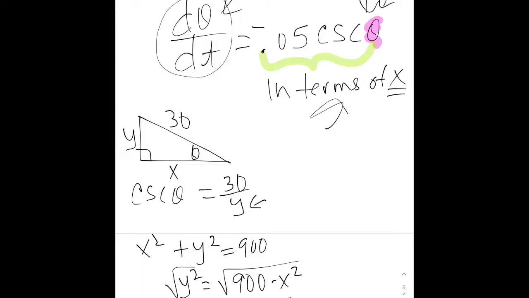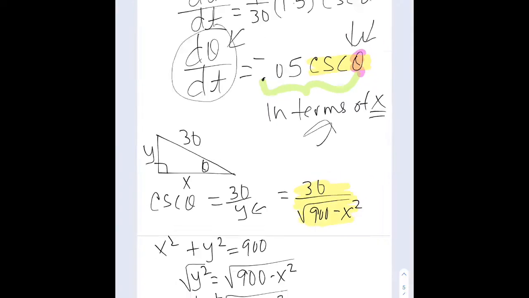However, because this is distance, we only take the positive principal square root. So this gives me that the cosecant of theta is equal to 30 over the square root of 900 minus x squared. So now I can substitute cosecant of theta in for this expression.